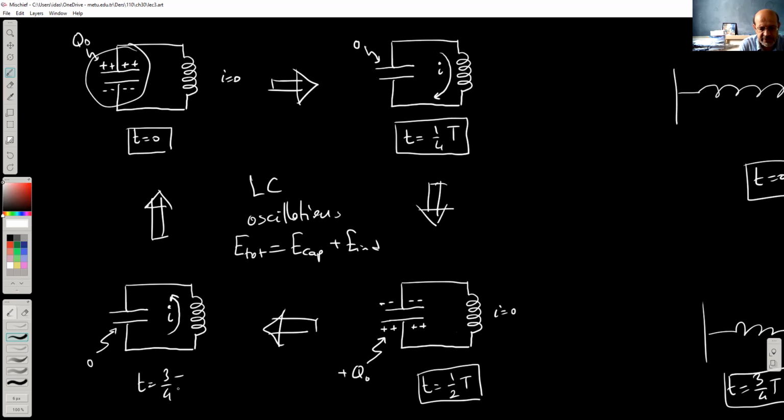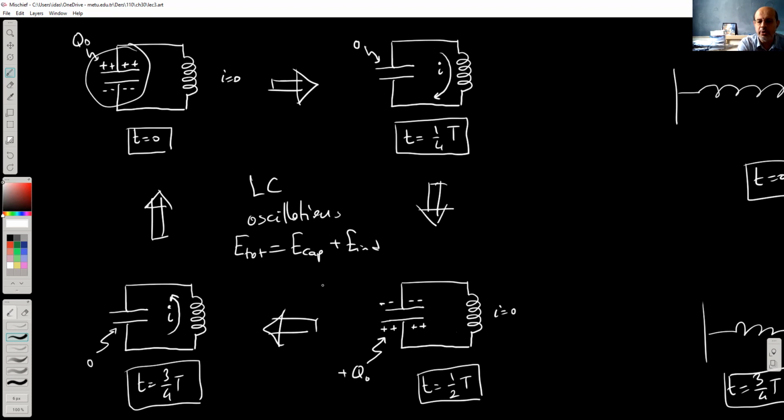That's 3/4 of the period. Again, if the capacitor has an energy, it cannot stay there forever. Somehow the capacitor should discharge. If the inductor has an energy, that means there's a current. Again, the energy cannot stay there forever, so the current is going to change. Therefore, the energy of the inductor is going to change, right?